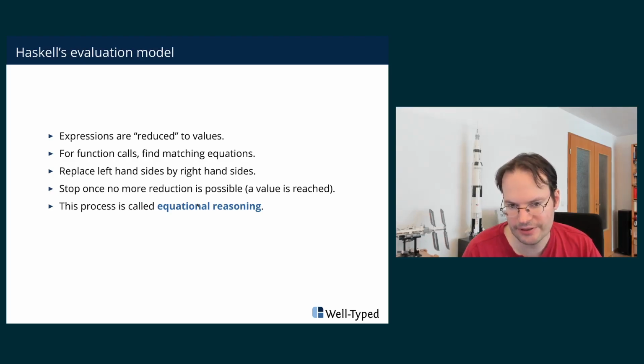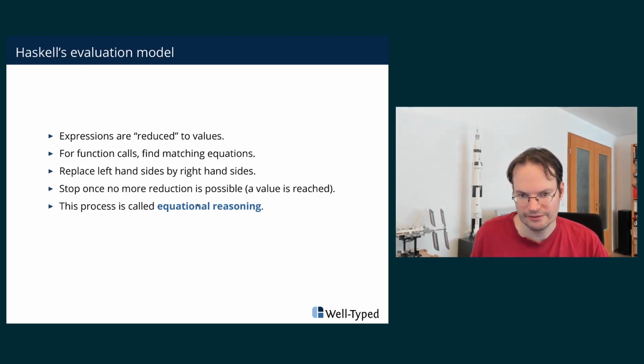And there is a process that is very systematic and that we're going to use many times throughout this course that is called equational reasoning, and I want to show you an example on how to do this. And that will also reveal one other aspect about Haskell to us that is slightly special, and that is that Haskell is using lazy evaluation. But I'm going to do this in the next video.